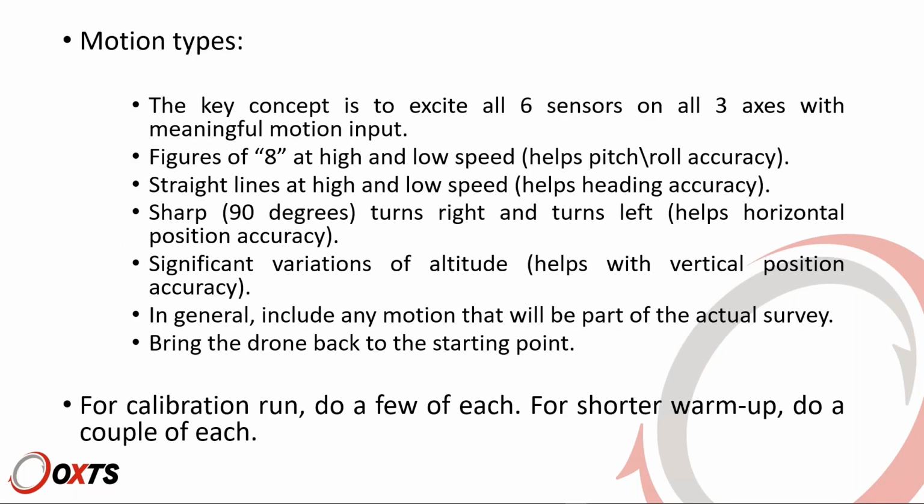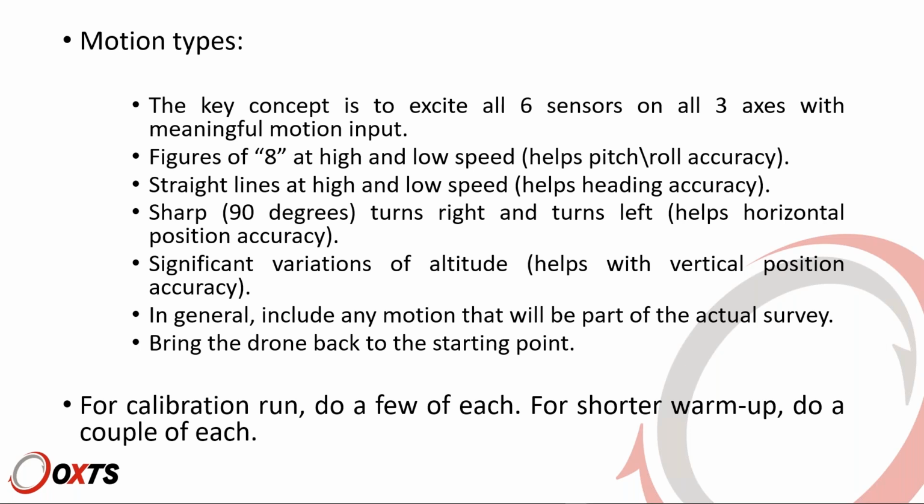Motion types, as I said, the key is a varied motion to excite all sensors on all 3 axes, gyros and accelerometers. So this is figures of 8, high and low speed, that helps pitch and roll accuracy of the INS. Straight lines will help heading accuracy.